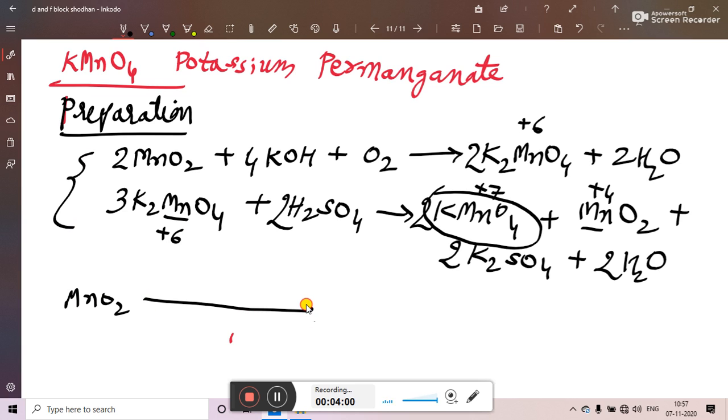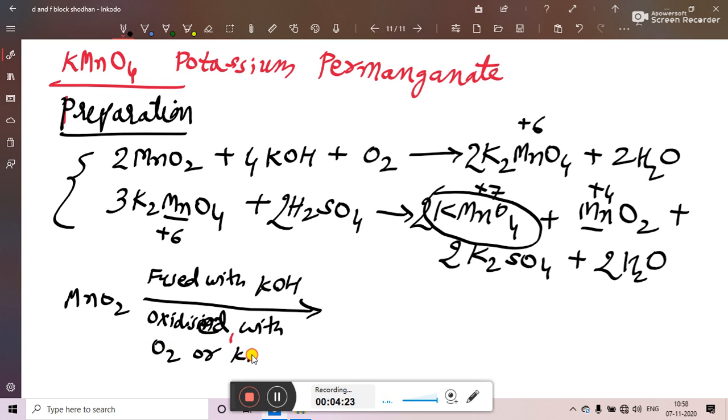So MnO2 undergoes fusion with KOH and thereafter is oxidized with oxygen or KNO3, so it produces manganate ion, MnO4 2 minus ion. That is the first step.